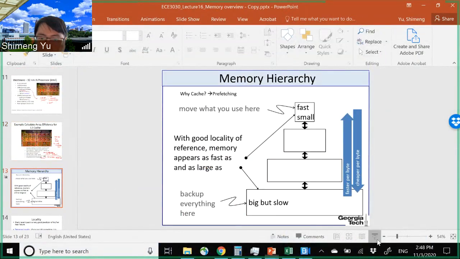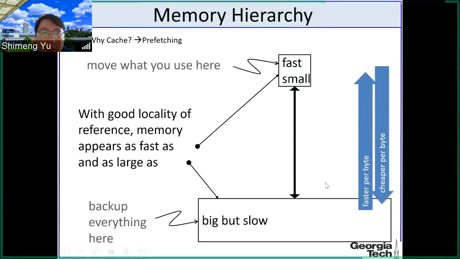All right, next we are going to discuss the memory hierarchy, why we want to have different levels in this hierarchy. As you can see from the earlier examples, the smaller capacity, like L1 cache, is very fast. But the larger memories, like the flash, you can have 1 terabyte, but it's very slow compared to the SRAM.